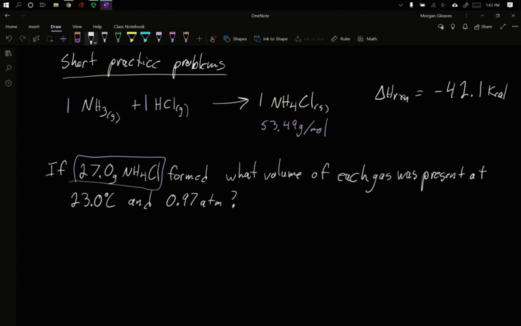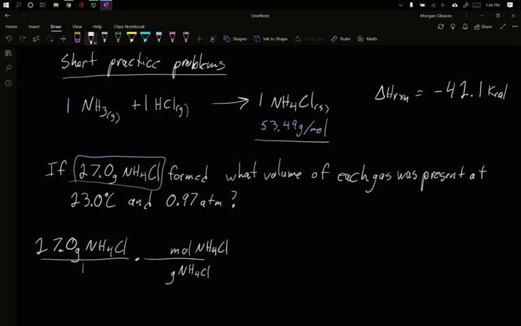So I have 27.0 grams of my product, but I don't want to be in grams of my product. So I need it on the bottom so that I can cancel it out when I divide them. And I need it in a ratio to the moles, because I need to be in moles of my chemical so that I can find moles of my other chemicals. So I need a ratio of grams to moles for ammonium chloride, which is the molecular mass.